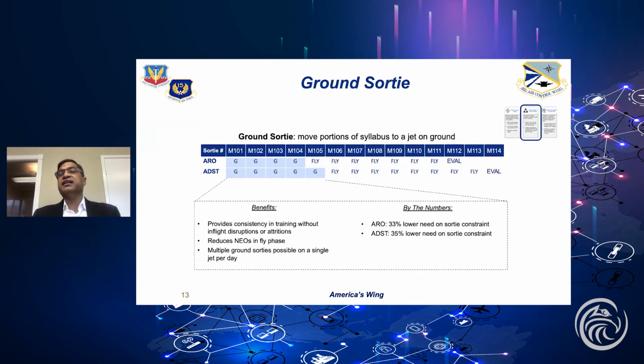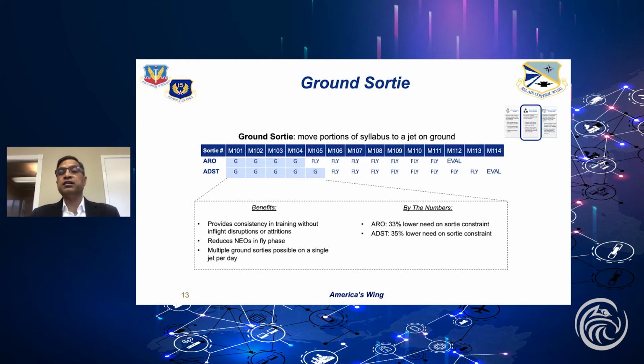The next thing that we did is what we called a ground sortie. If you look at the blue row previously, and this is just a couple of examples, the ARO and ADST, which are the technicians, would have 14 sorties or 13 sorties, depending on the role, to evaluate.